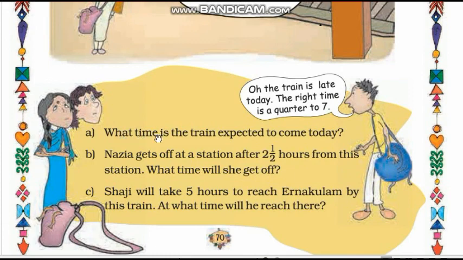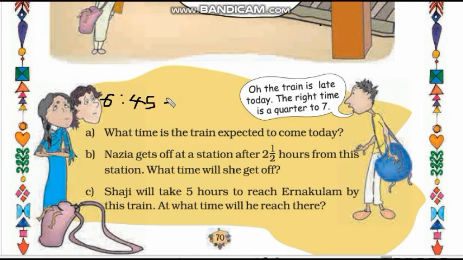First one, what time is the train expected to come today? So the right time was 6:45. So 6:45 plus, it is late half an hour today.